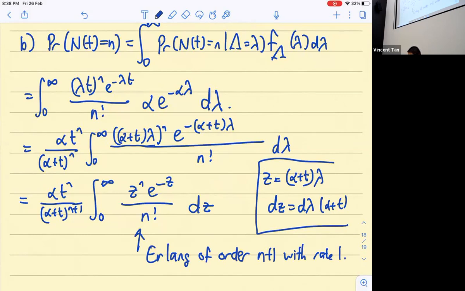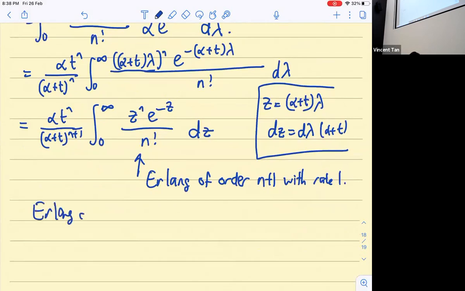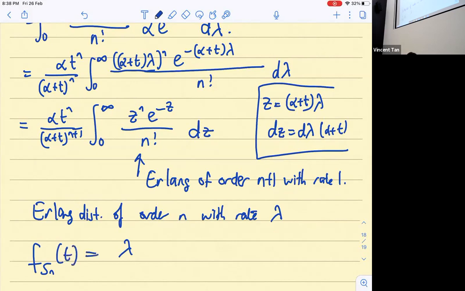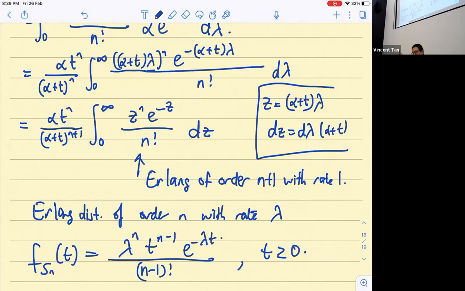Why? The Erlang distribution of order n with rate lambda is, this is Sn, right? f of Sn at t is equal to lambda to the n, t to the n minus 1, over n minus 1 factorial, e to the minus lambda t, for t bigger than or equal to 0. Yes, correct. I remember this correctly.